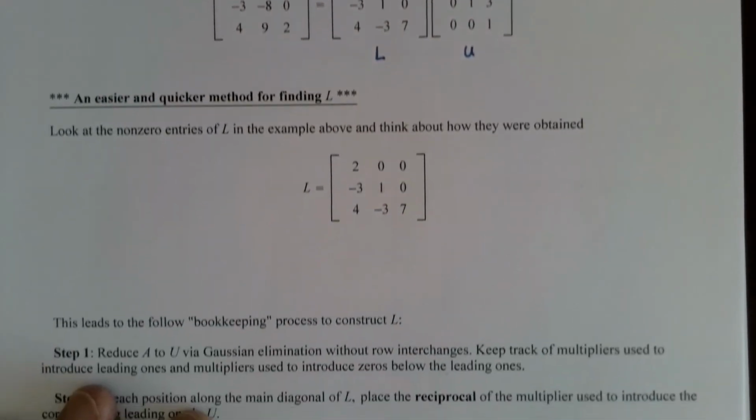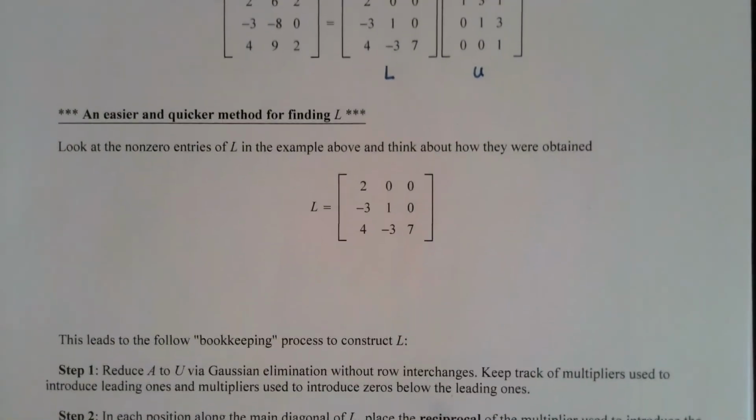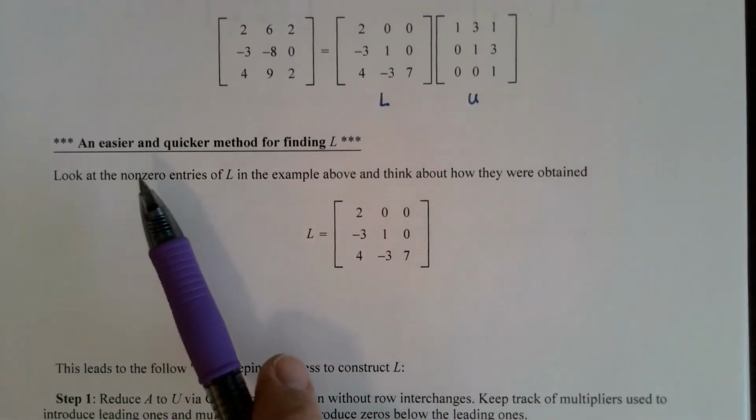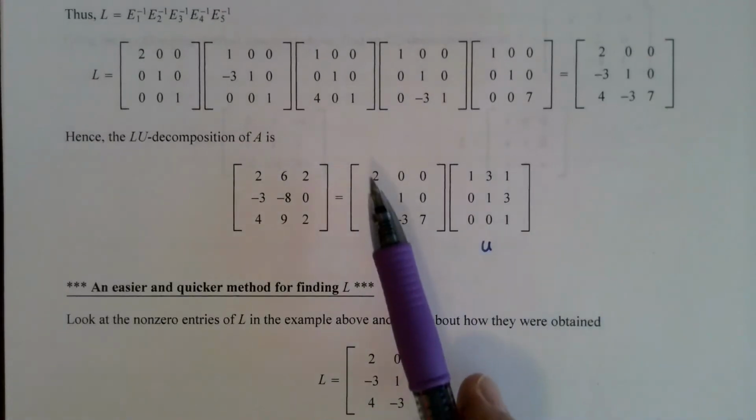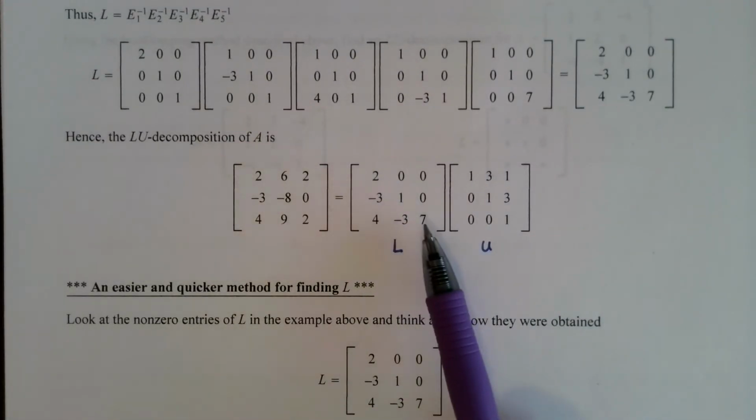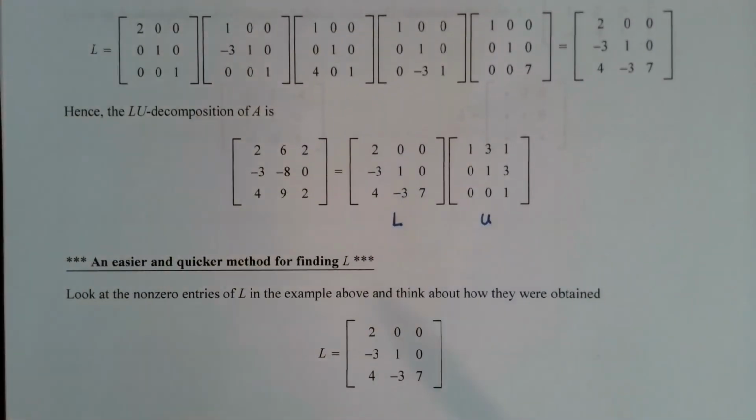A much quicker way for finding that, and that is let's look at the non-zero entries of the matrix L that we obtained here. In other words, the entries on and below the main diagonal.